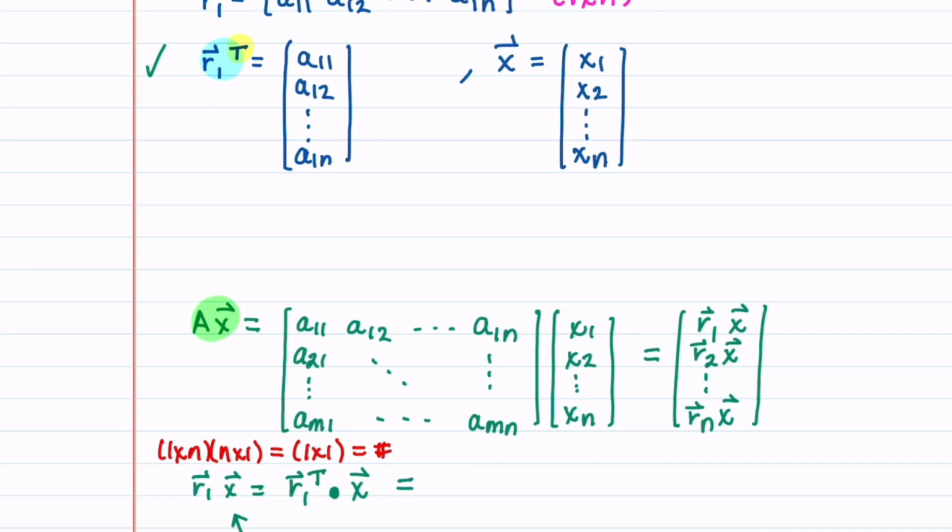We're just going to multiply A11 times X1 and then A12 times X2 all the way down to A1n times Xn. Let's write this down. We have A11 X1 plus A12 X2 all the way up to A1n times Xn. In our matrix vector product, this is just A11 times X1, A12 times X2, all the way up through A1n times Xn.